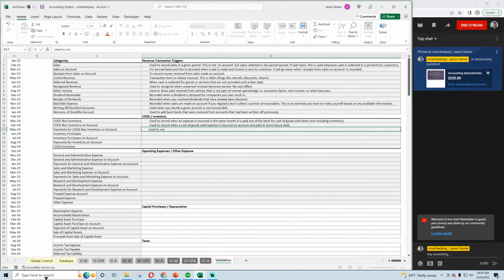Used to record when a cost of goods sold expense is paid that was previously incurred on account. Non-inventory. Okay.